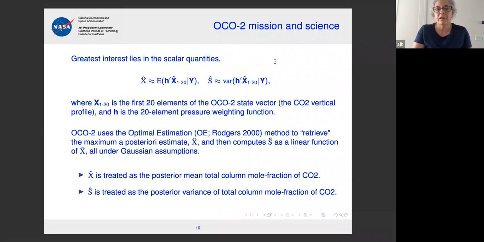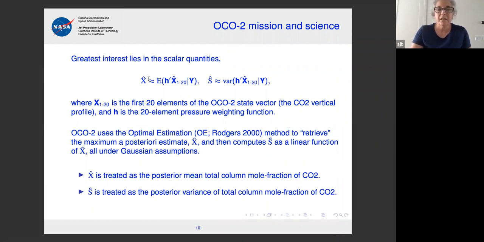Remember that I said there are 20 elements of that state vector that correspond to carbon dioxide concentration at various different altitudes. What is actually reported in the product is a single scalar value per pixel that we call not-bold X hat, which is just a weighted average of the carbon dioxide elements of the state vector. That's a much more robust quantity than the profile itself, and it is sufficient for input to data assimilation algorithms that would then subsequently estimate the flux.